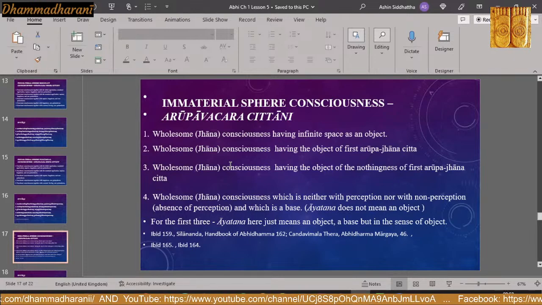So what is the word for the Citta? Viññāna. So the second one we call Viññānañcāyatana. Ayatana here refers to object.